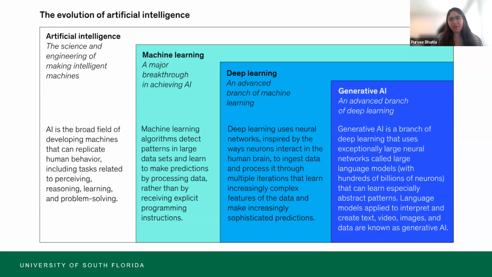Some common applications of artificial intelligence today include our virtual assistants, for example, Siri, Alexa, and other voice-based interaction systems. We also have healthcare diagnosis, virtual reality, augmented reality, and so on and so forth. Now, under this broad umbrella of artificial intelligence comes a subset which is known as machine learning.